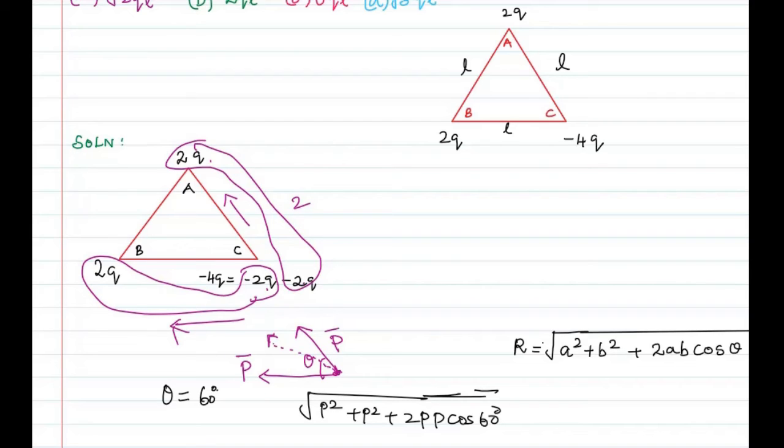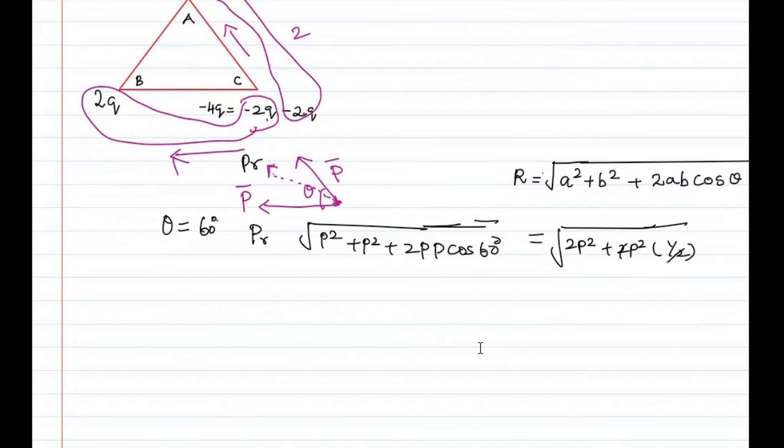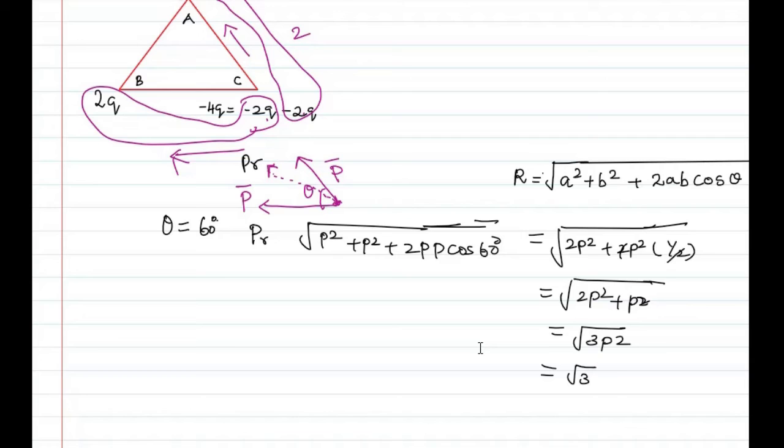The resultant vector will be PR. So root of 2p square plus 2p square into cos 60, which is 1 by 2, so the 2 gets cancelled. We get root of 2p square plus p square, which is root of 3p square, equal to root 3 into p.